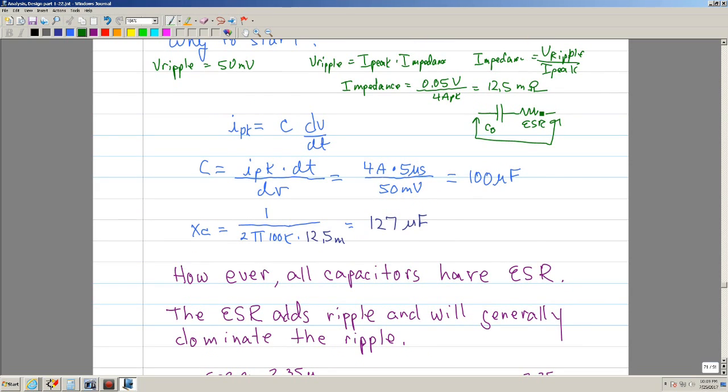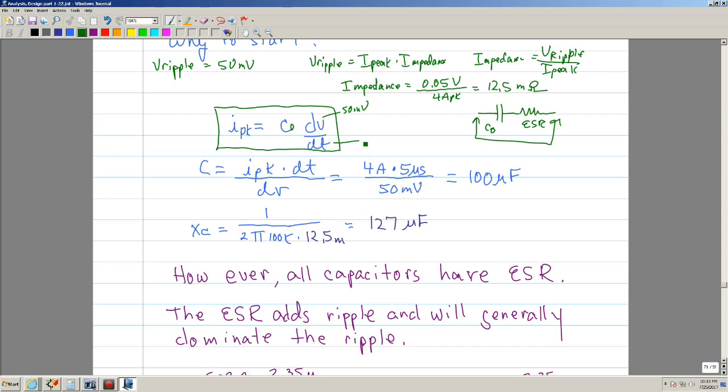So here are two methods of selecting the capacitance value, and we're going to use a well-known equation. This is the equation that describes a capacitor, which is CO and dV dt. So this dV is going to be your 50 millivolts.